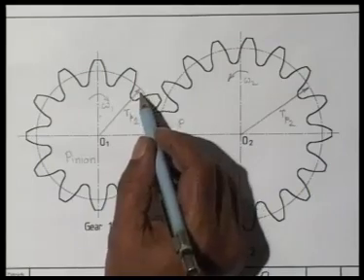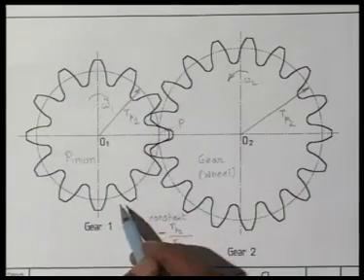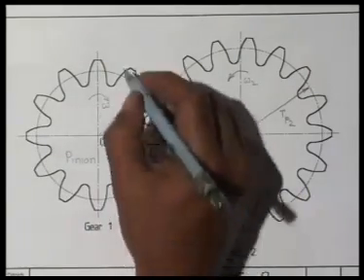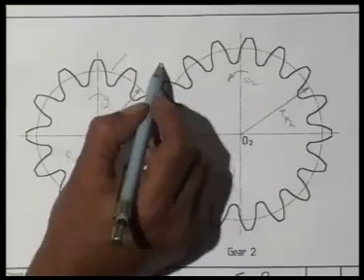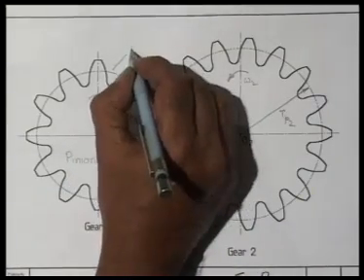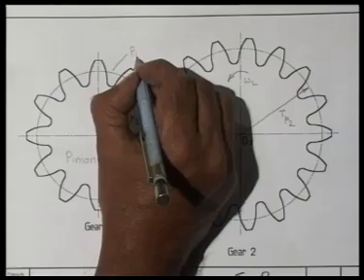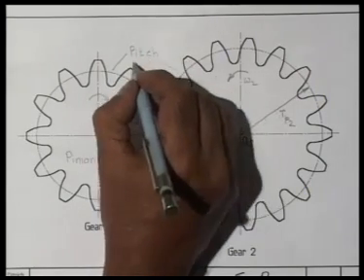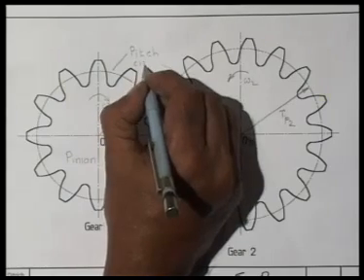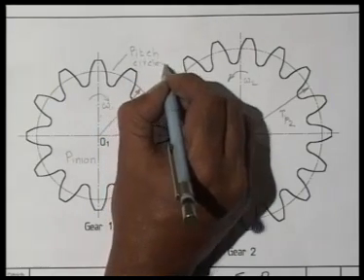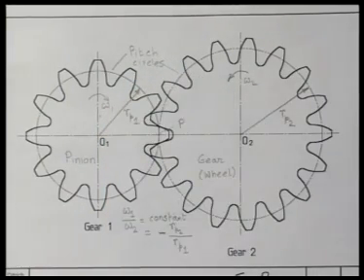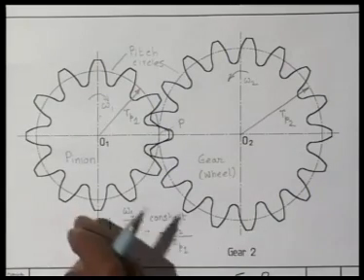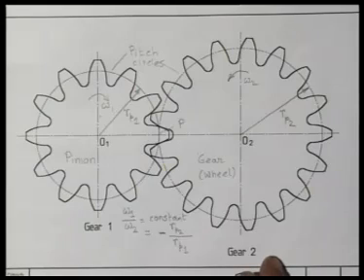These two imaginary circles, these circles do not exist in the gear, are called pitch circles. And as we will see, most of the gear tooth geometry will be referred to these imaginary pitch circles.